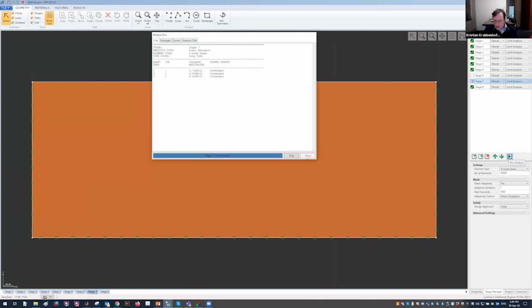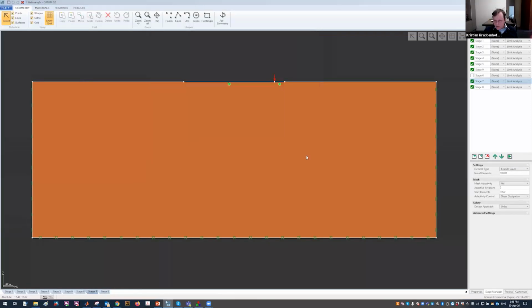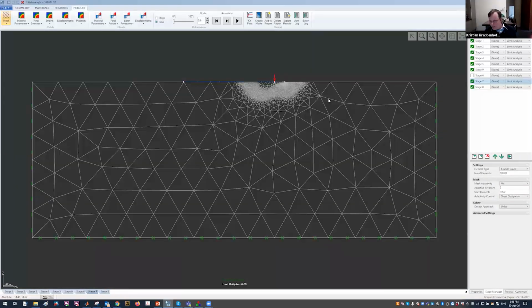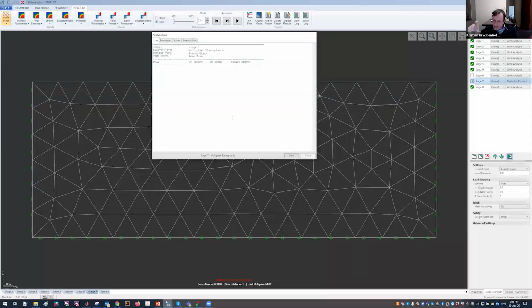It's a really useful analysis with strength function analysis. And when it comes to deformation analysis, we can compute load settlement curves as well as any other finite element program, but we do solve the equations in a slightly different way.